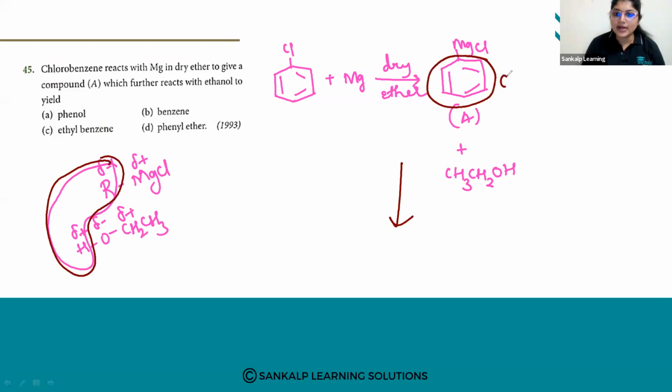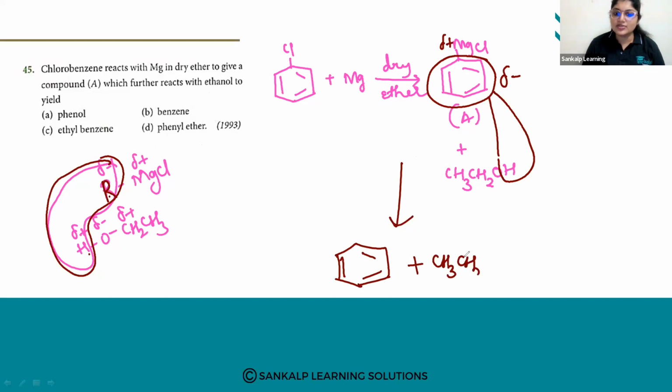R is the negative part, and MgCl is the positive part. So what is getting combined? R is getting combined with H. This is the H which will get attached here. So what will be the product? The product will be benzene plus CH3CH2OMgCl.